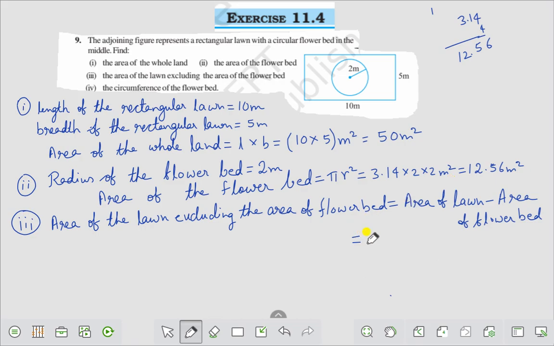meter square. So if you subtract it, that is 50 minus 12.56, and the unit will be meter square.